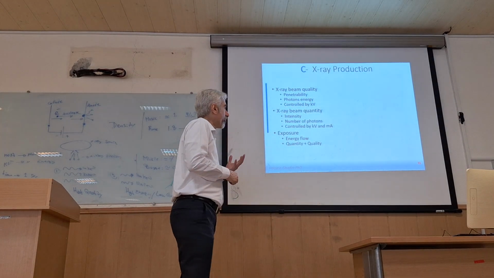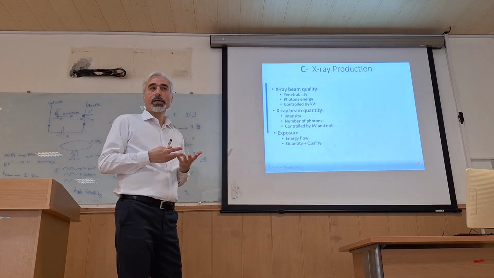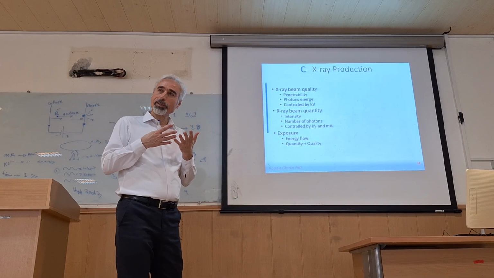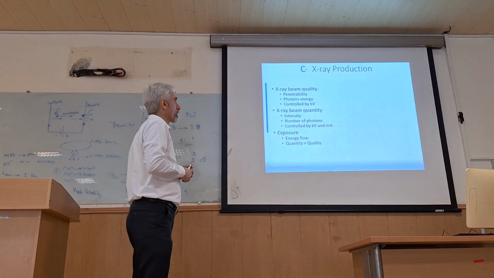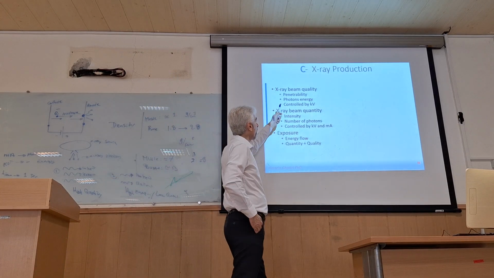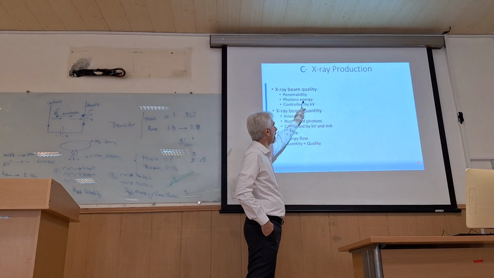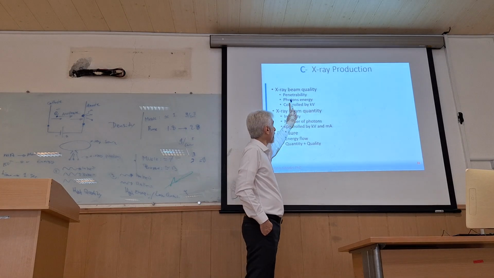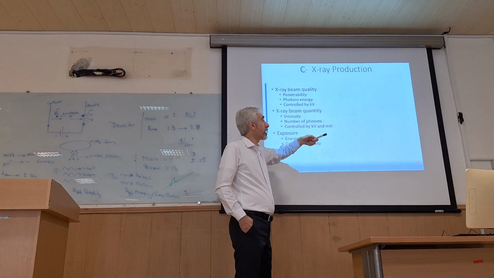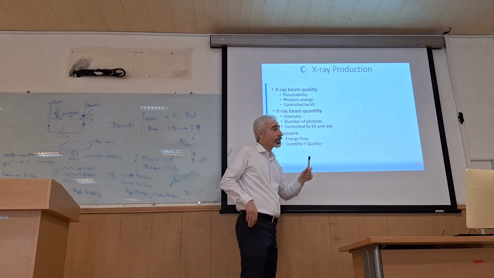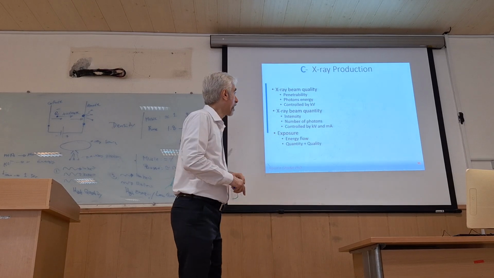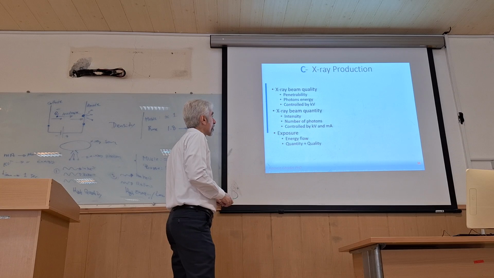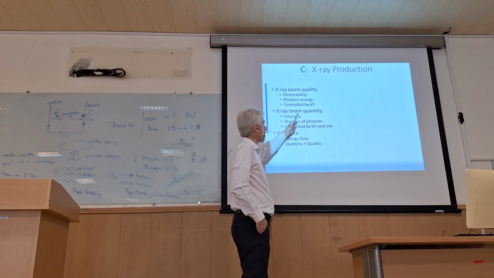As the energy of photons increases, it can better transmit through the material. It can better pass through the material. We call it penetratability. It depends on the energy. How can we change the energy of photons? By changing the kV of the X-ray tube in the operation panel. The second is X-ray beam quantity.